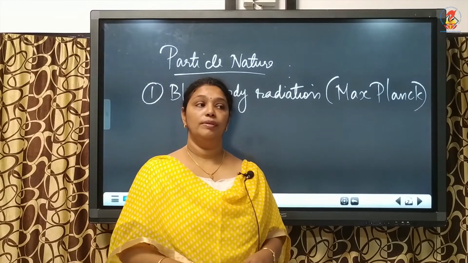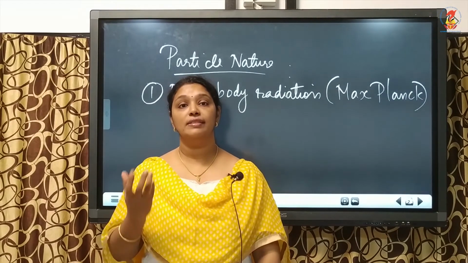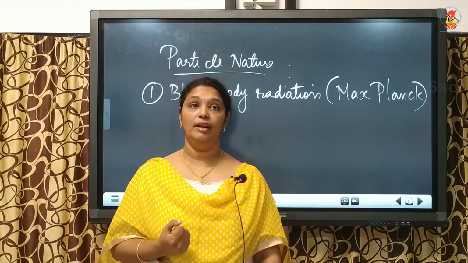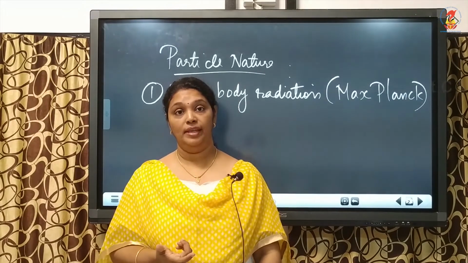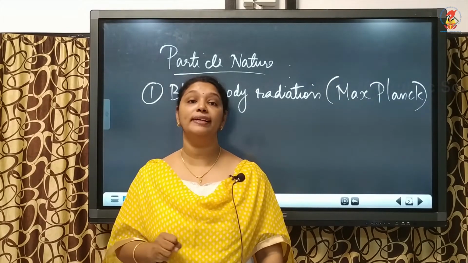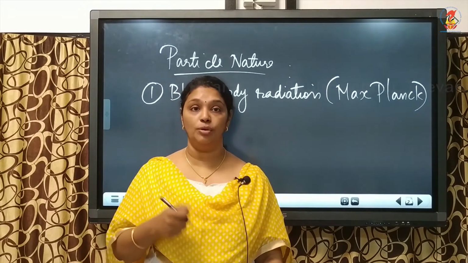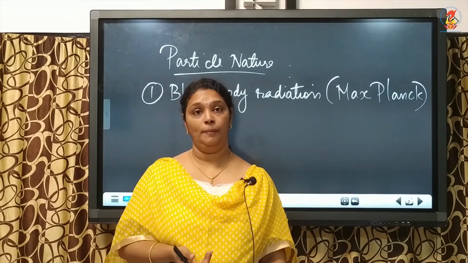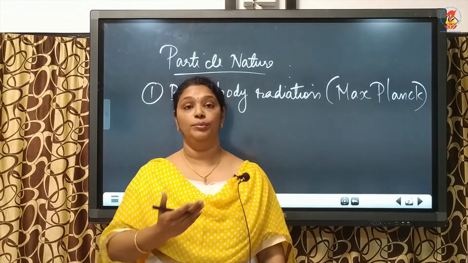Now, you know that when you heat an iron rod, it first becomes dull red. Now you keep on increasing the temperature, it becomes more and more red. And finally you can see this iron rod becomes blue in color. That is, at very high temperature you find the rod becoming blue in color. So it changed its color from red to blue.